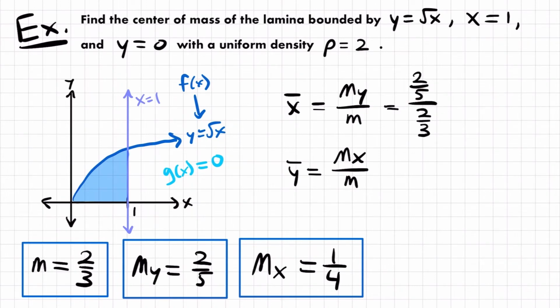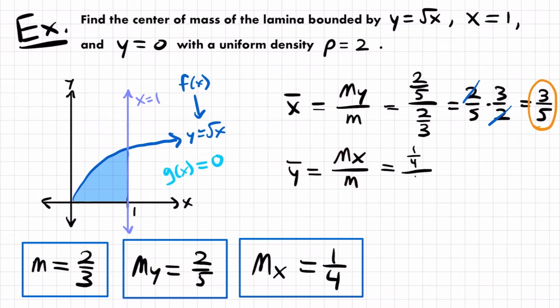And remember that dividing by a fraction is the same as multiplying by the reciprocal of that fraction. So this is equal to 2/5 times 3/2, and those 2's will cancel out, which leaves us with an answer of 3/5. And so 3/5 is the x-coordinate for our center of mass, but then let's calculate the y-coordinate, or y bar. We're going to divide the moment about the x-axis by the mass, and so this is equal to 1/4 divided by 2/3.